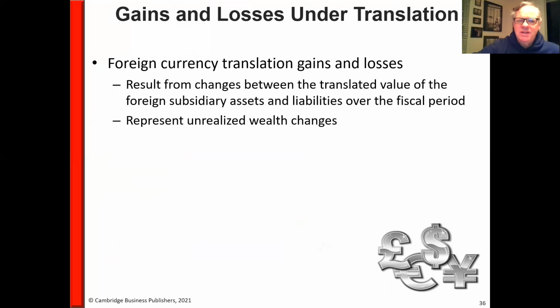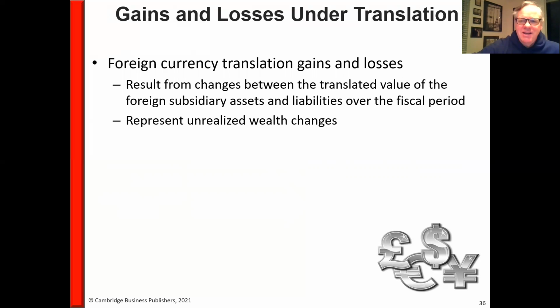All right, so we know that this is a result of changes in value, and they're going to represent unrealized wealth changes. So when you hear unrealized, that should ring a bell now. Unrealized means we're going to recognize something on the financial statement when the transaction actually isn't complete yet.